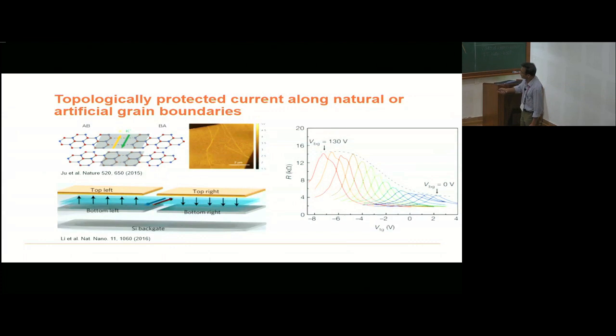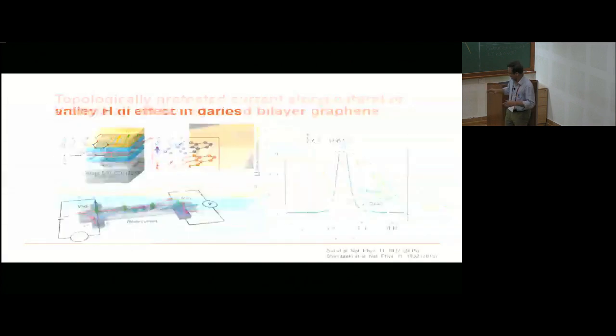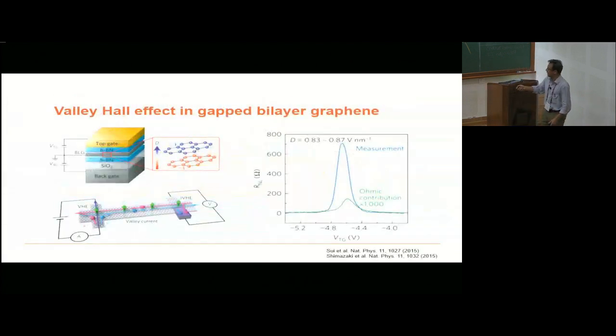This is from Penn State, I guess from Jinju's lab, and there are several experiments now which use this unique topological feature of gapped bilayer graphene in playing with valley current and edge currents.